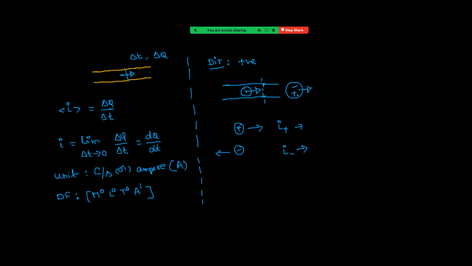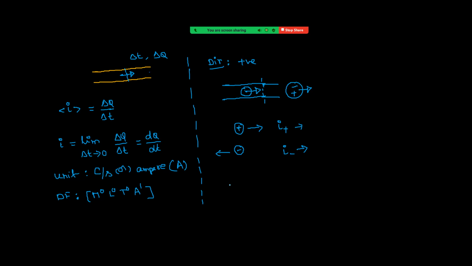Because of positive charge, the direction of current is right side. Because of negative charge, it is also moving right side, but the direction of current is left side. So these two currents cancel. That means there is no current because there is no net charge. If the difference between these two is clear, there is no confusion while solving problems.